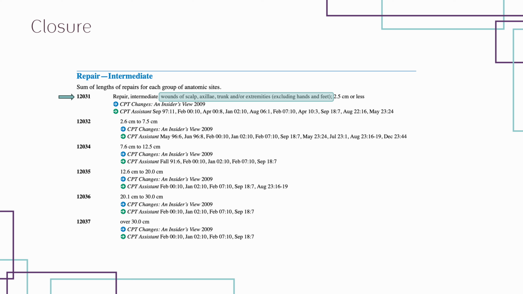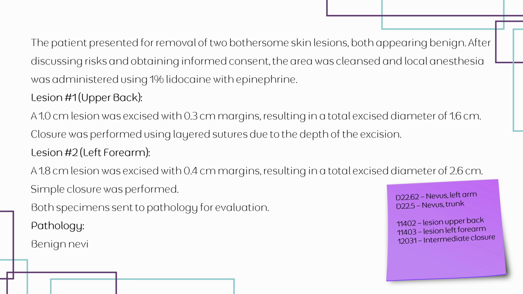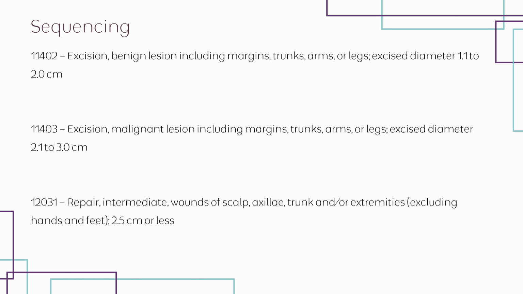Now that we have all of our codes, we need to determine the correct sequencing and then apply modifiers as applicable. According to our CPT guidelines, the sequencing of the CPT codes should be based on the RVU or the complexity of the procedure. These RVU values are assigned by CMS and can be found on their website. For the purpose of this demonstration, I will just provide the RVUs for these codes.